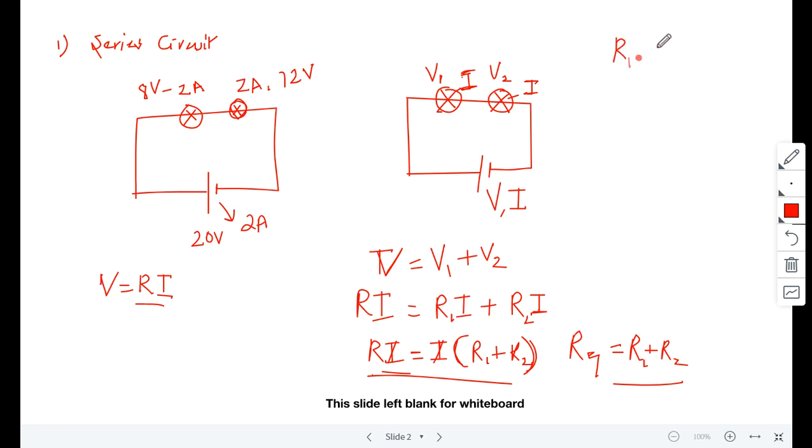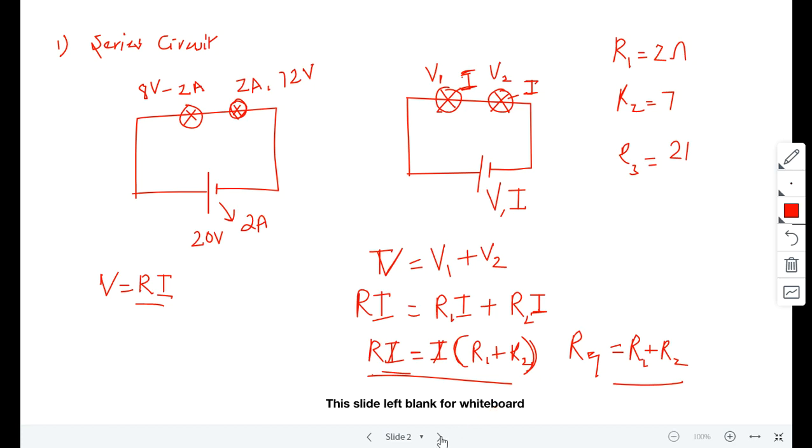R1 is given as 2 ohms, R2 is 7, R3 is 21. Find the equivalent resistance. Is it 30? Yes, that's correct. It's 30 ohms.